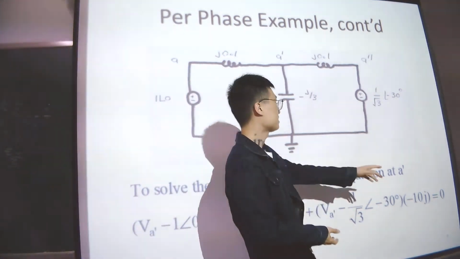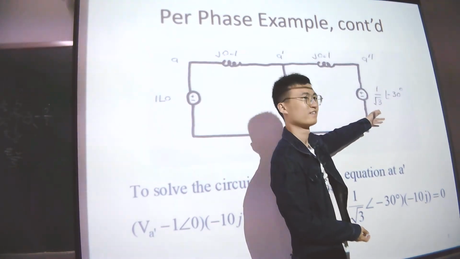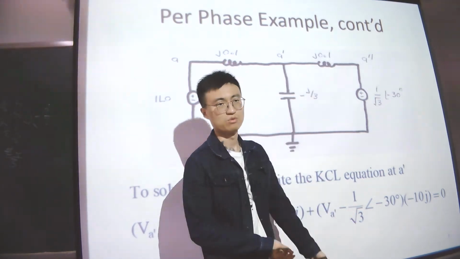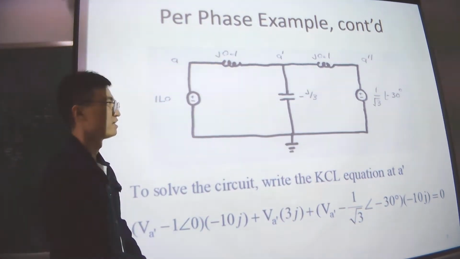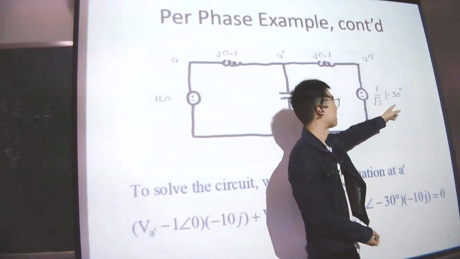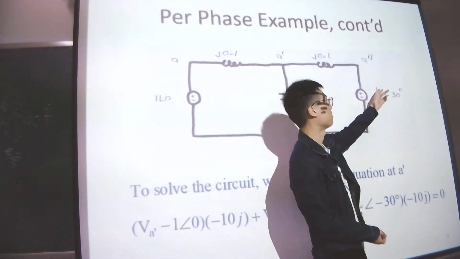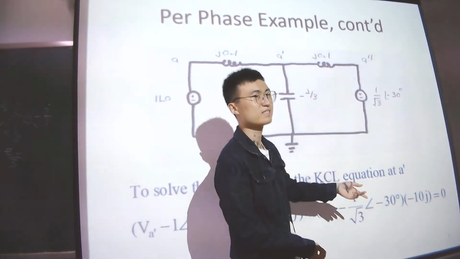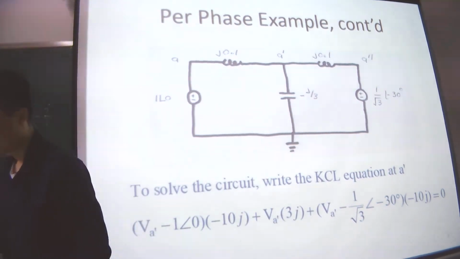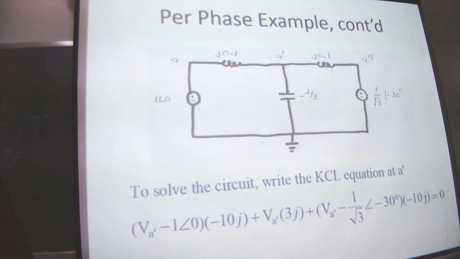And you may remember this one. Delta to Y connection, the 30 degrees mapping, and this will be 1 divided by the square root of 3, right? Do you remember this? This impedance, Z by 3.